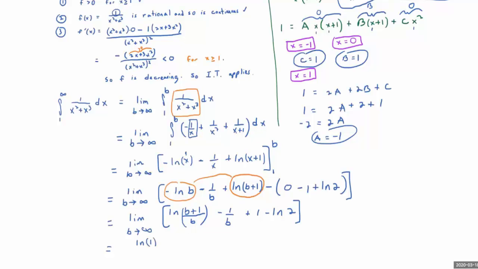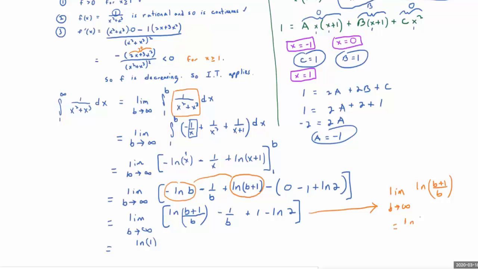So a little explanation on that. Over here, the limit as b goes to infinity of natural log of b plus 1 over b. Since the natural log is continuous, we know we can bring the limit on the inside.